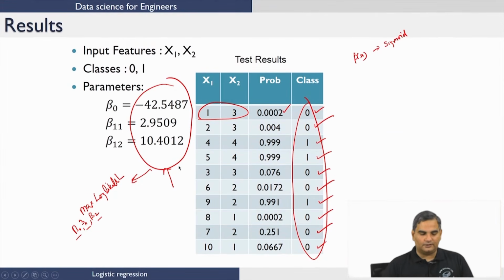The process of identifying these parameters is what is usually called in machine learning algorithms as training. So, you are training the classifier to be able to solve test cases later, and the data that you use while these parameters are being identified is called the training data, and this is called the test data that you are testing your classifier with.